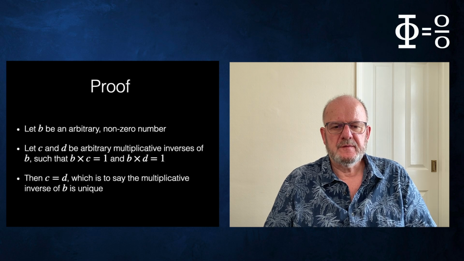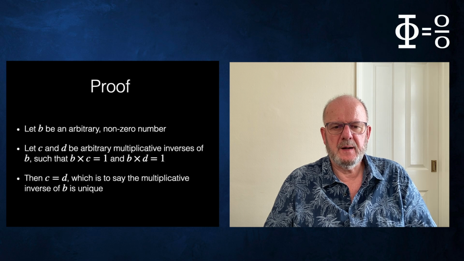The proof is stated in terms of the variable b, but by choosing b arbitrarily, by letting b be any number at all other than 0, then we're proving the theorem for every number other than 0. So next, let c and d be arbitrary multiplicative inverses of b, such that b times c equals 1 and b times d equals 1.